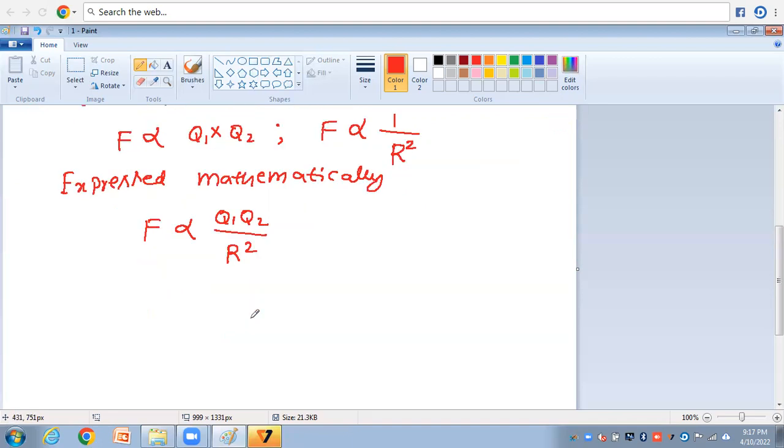Now we can remove this proportionality with the help of K. K is the proportionality constant. Now this can be expressed as F is equal to K into Q1 Q2 by R square.